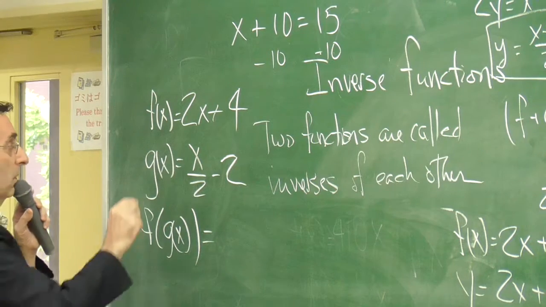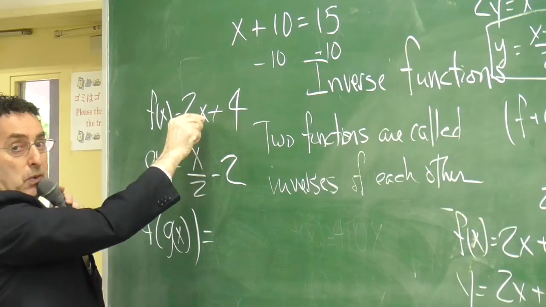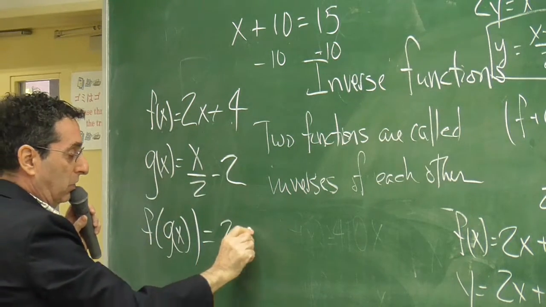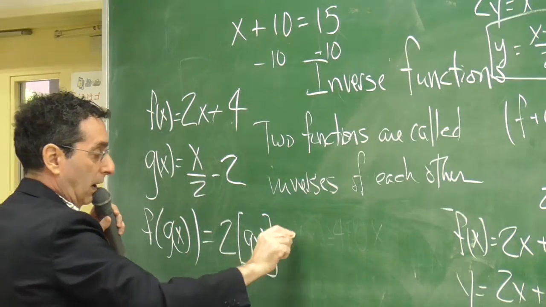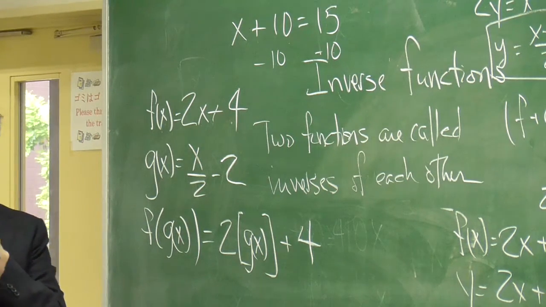So f says whatever you put in, multiply it by 2 and add 4. Right, but we're putting in g, so we should multiply g by 2 and add 4. Right? And what is g?